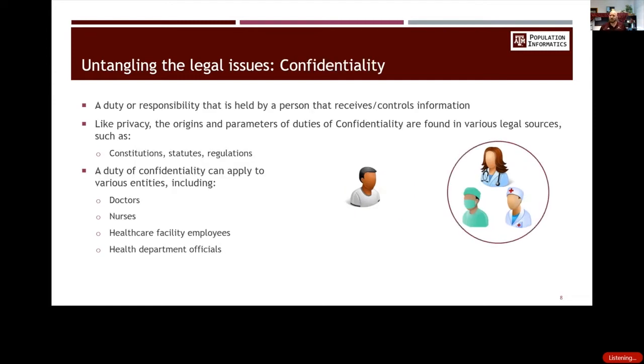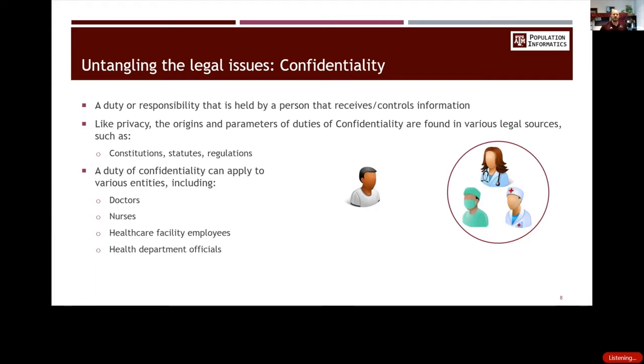Confidentiality is similar, but very different. Confidentiality is a duty or responsibility that is held by a person who receives or controls information about another. And just like privacy, the scope and the bounds and the extent of these duties or responsibilities are going to be found in laws like statutes, regulations, and constitutions.